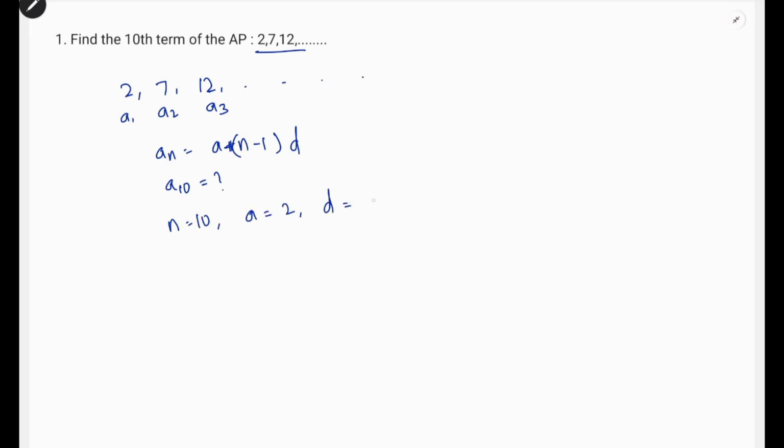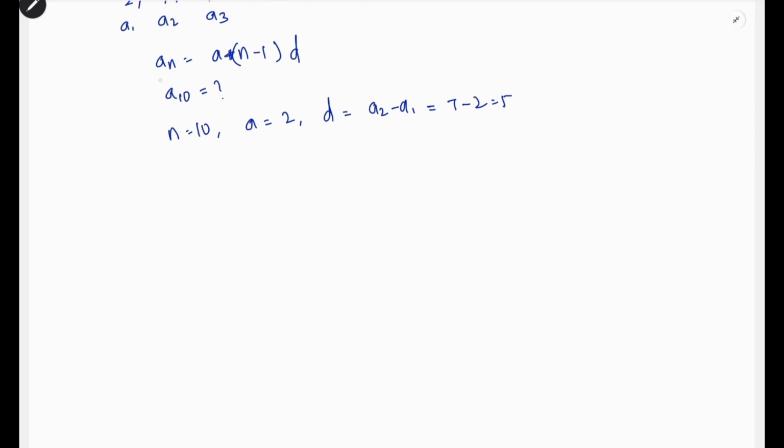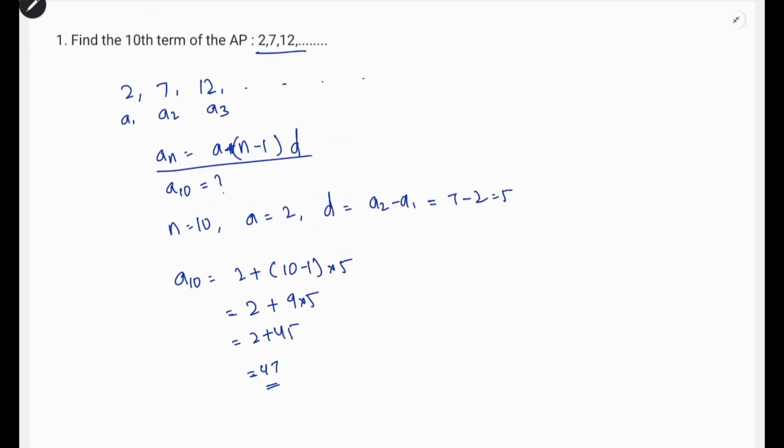The common difference is a2 minus a1, it is 7 minus 2, it is 5. Now we substitute: a10 is equal to 2 plus 10 minus 1, 9, into 5. It is 2 plus 45, it is 47. So the 10th term is 47.